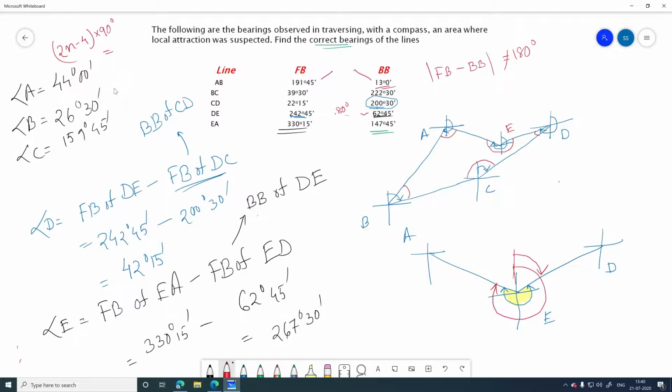If the summation of these interior angles is equal to this particular value, that means the interior angles are correct. So no need to correct the interior angles.